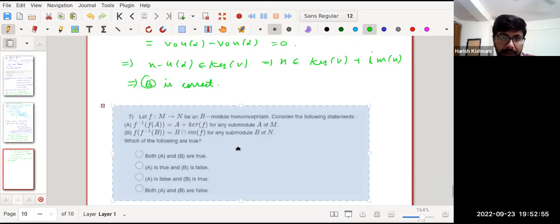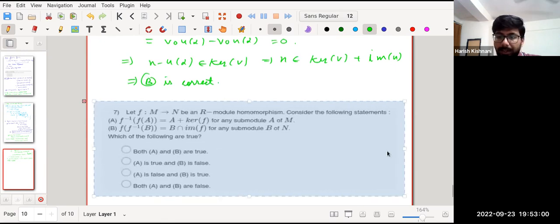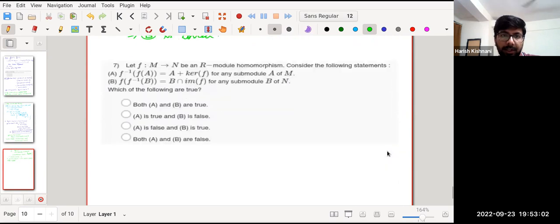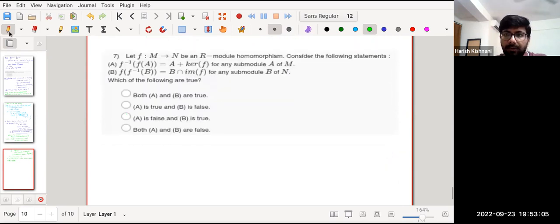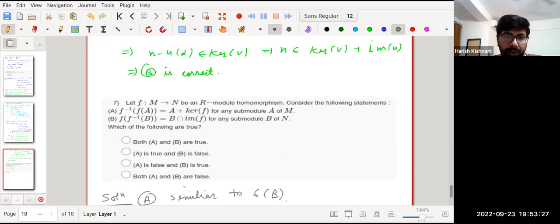The seventh question is again the same kind of relations we need to prove. Part one is similar to 6b. Here you have f inverse f of A plus kernel of f.